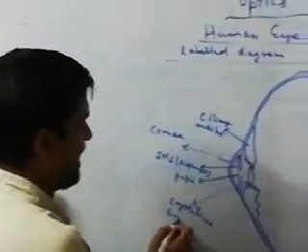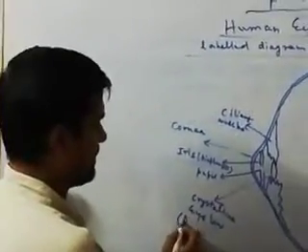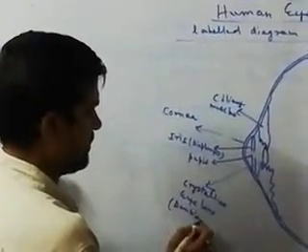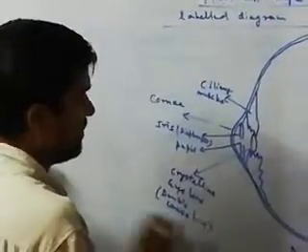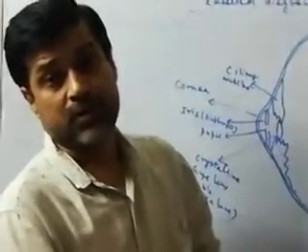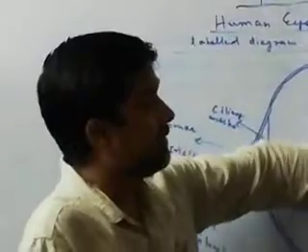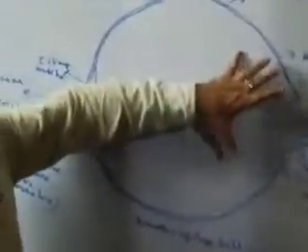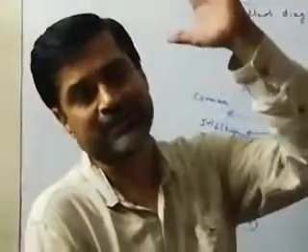So crystalline eye lens, which is actually a convex lens, a double convex lens, its function is to focus all the object image on the retina. Even when object is very near or too far.